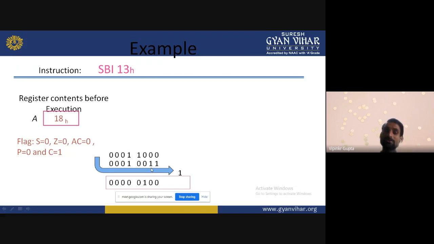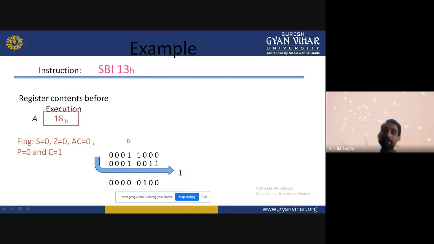And 0 minus... we already subtracted this one here, so let me complete it again. 0 minus 1: we take one borrow here, so it's 10. 10 minus 1 is 1, and 1 minus 1 is 0. Now 0 minus 10 is not possible, so we take one borrow here. 10 minus 10 is 0. Again we take one borrow here, so 10 minus 1 is 1, and 1 minus 1 is 0.